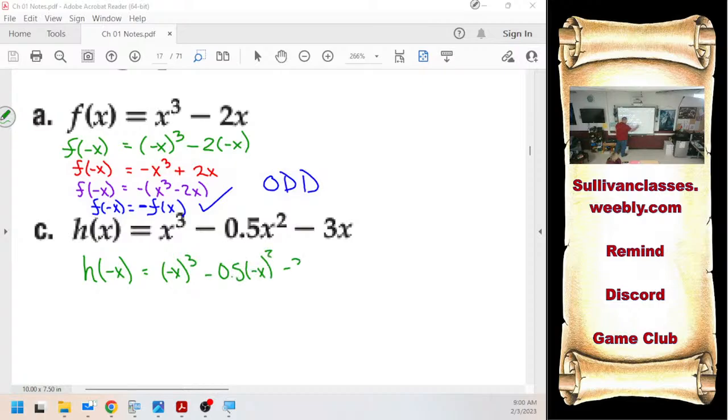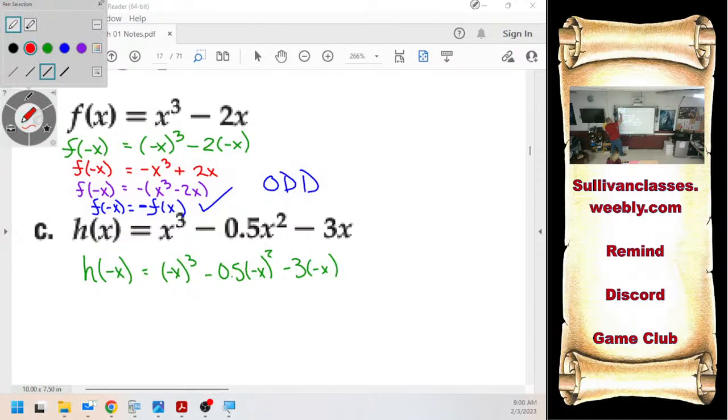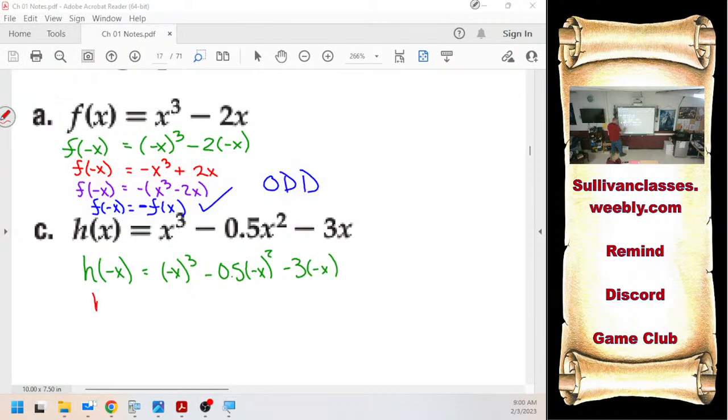I negate that guy. I'll simplify those. Getting a negative x cubed. Getting a, this guy's positive, so it stays negative 0.5 x squared. Negative negative makes this plus 3x.